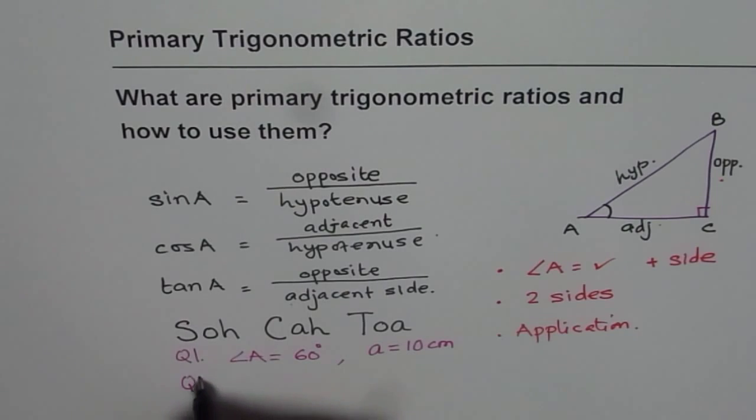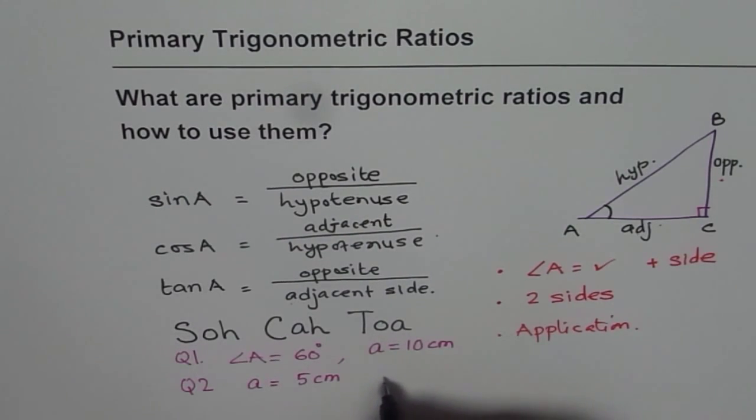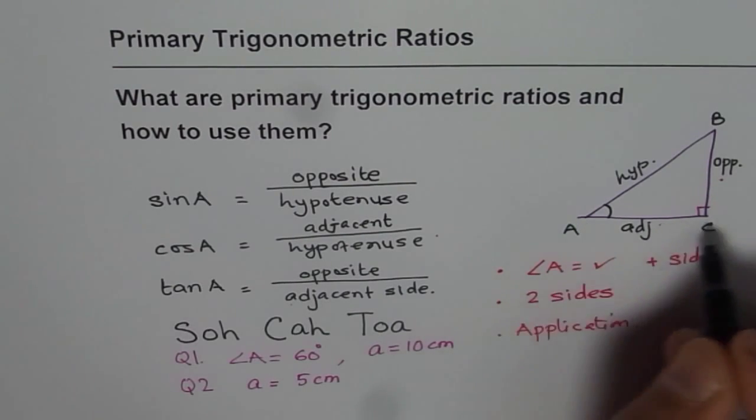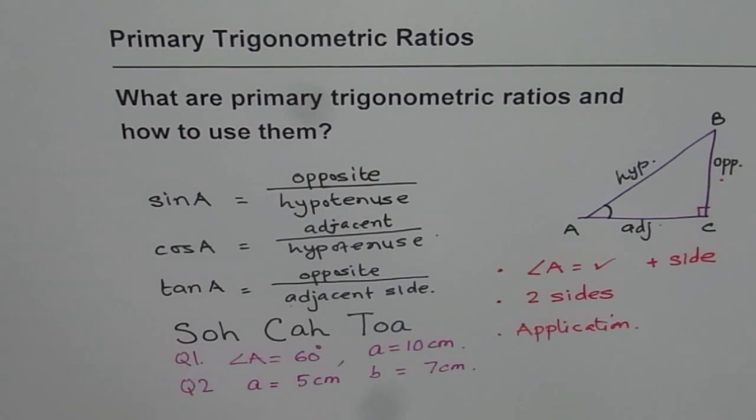And question number 2 for you to practice is, if side a is equal to 5 centimeters and side b, which is between A and C, is equal to, let us say, 7 centimeters, solve the triangle. That will help you practice with these trigonometric ratios, and then you can watch further videos to see how we solve problems using primary trigonometric ratios. I hope this basic concept helps.